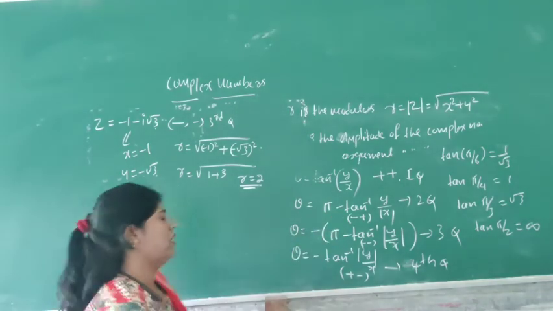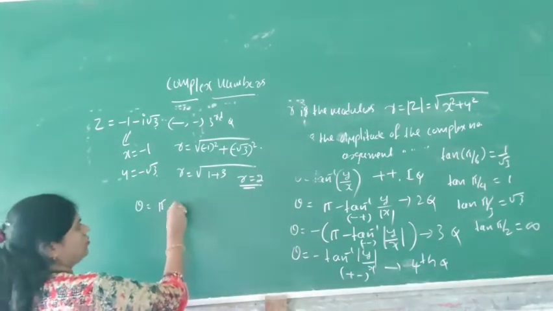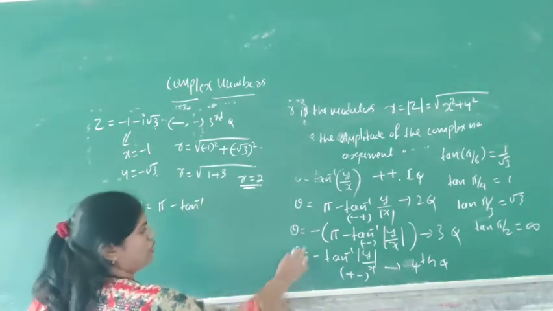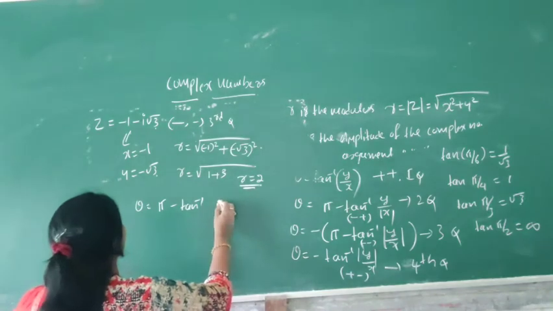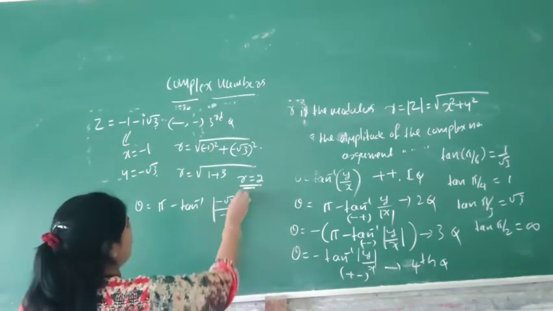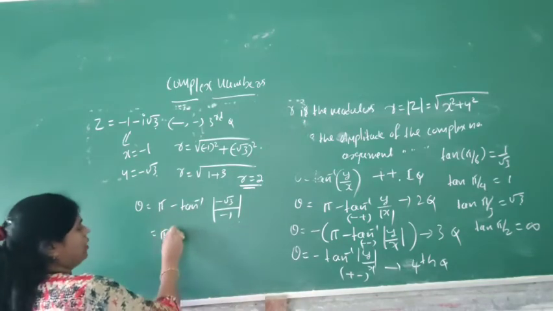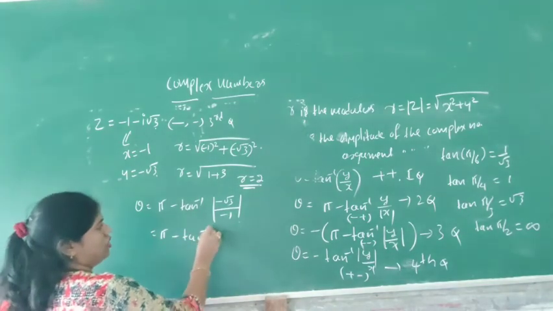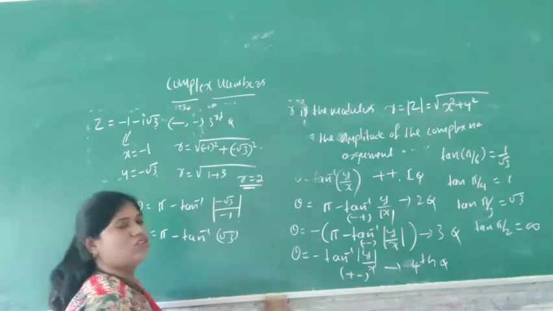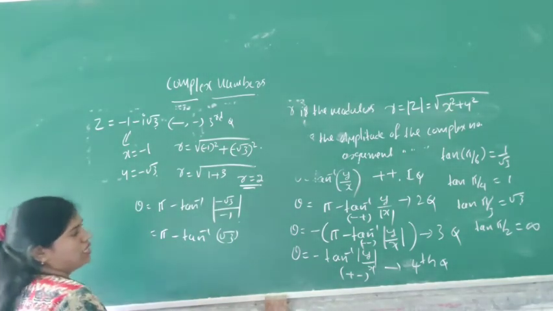This we have to check: pi minus tan inverse of, this is the third quadrant, y is minus root 3 divided by minus 1. So pi minus tan inverse of root 3 only, because minus becomes plus, the modulus sign is there.